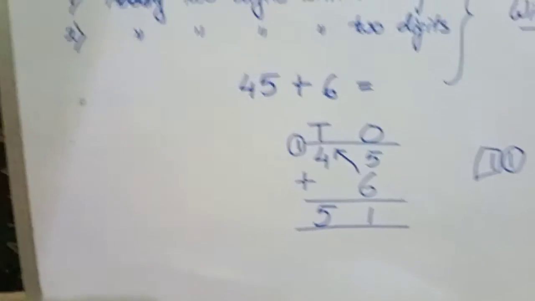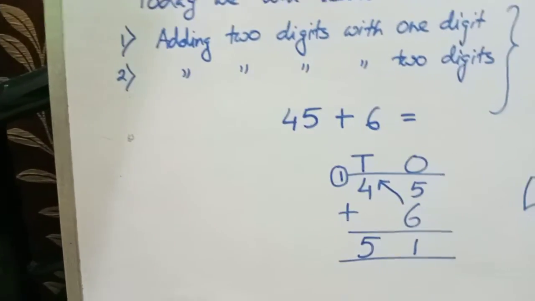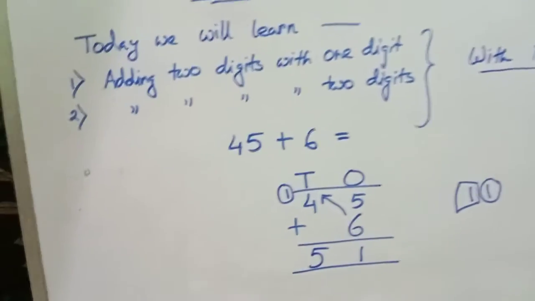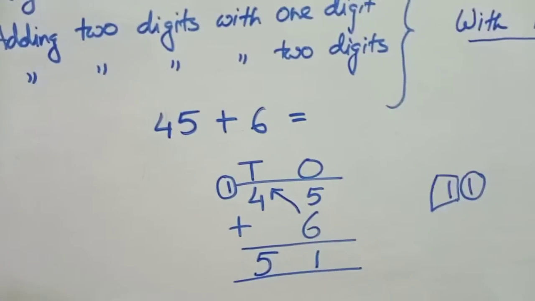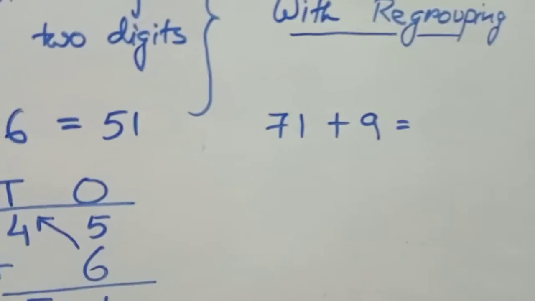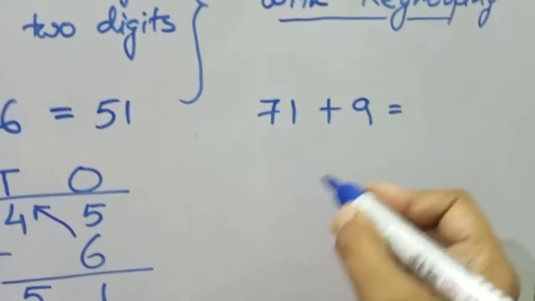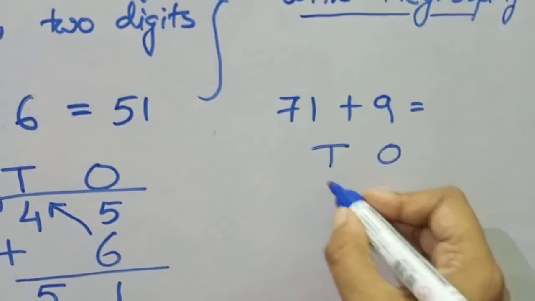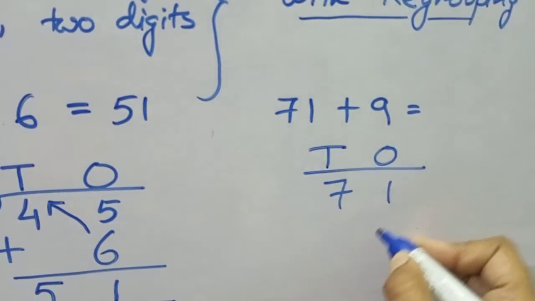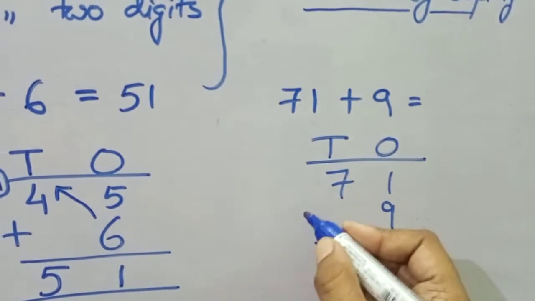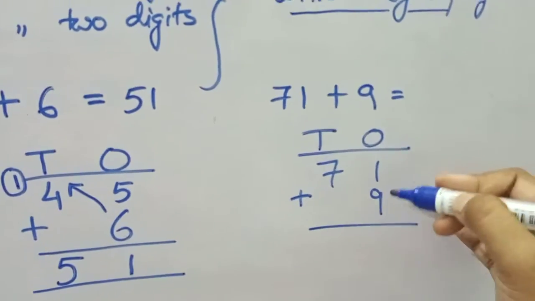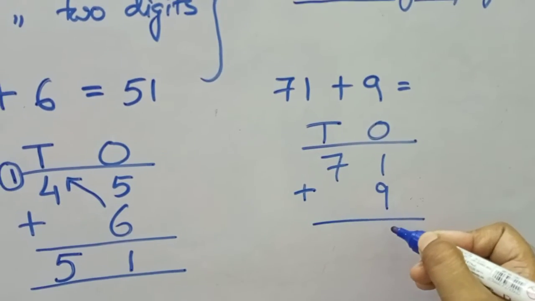Now let us take one more example. I'll take it from your book only. Let us take 71 plus 9. Again we will add in the same way, 71 and 9 here, then simple addition. So 9 plus 1 gives us 10.